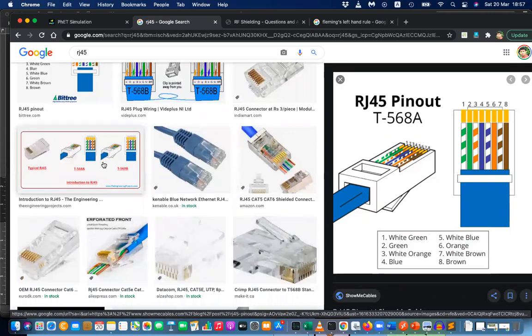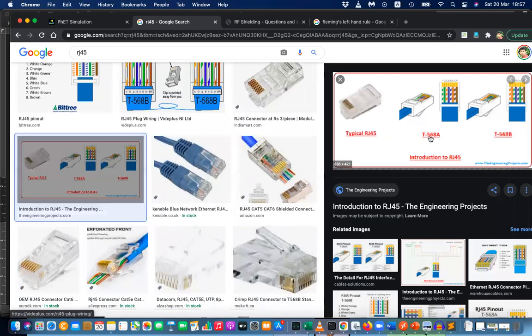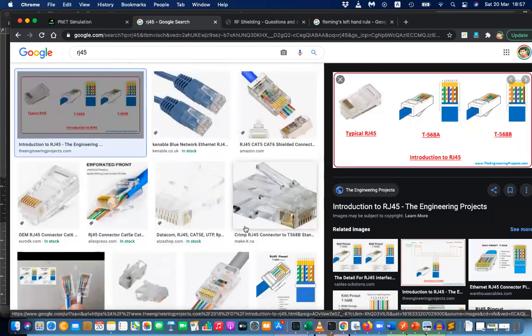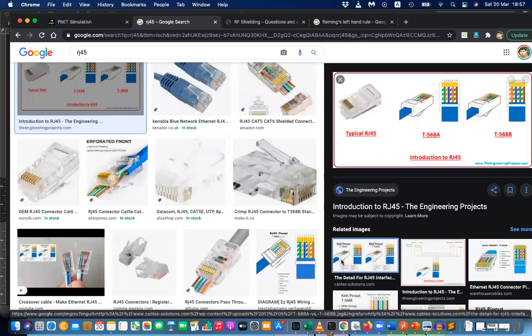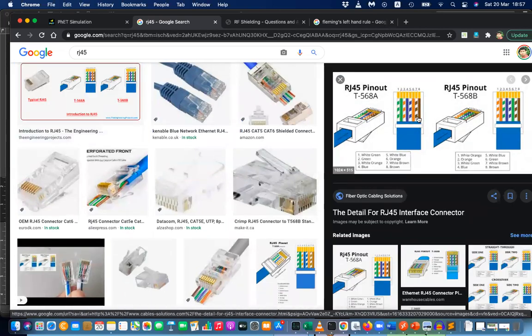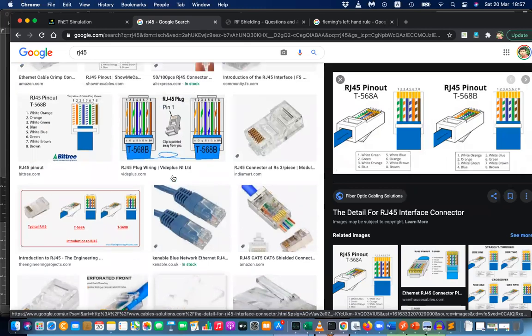One is called 568A wiring, where the cable order will be like this. The other is called 568B wiring, with a different arrangement: the orange and orange white comes first. These are some standards.